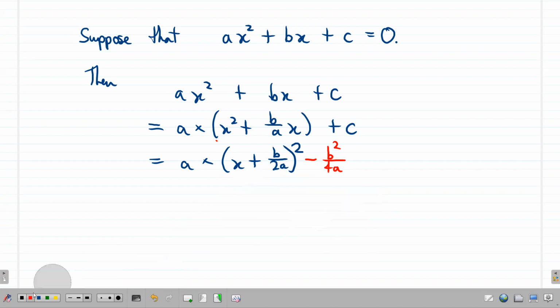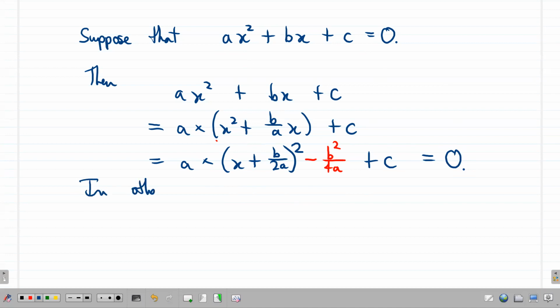Very important, please don't forget the plus c on the end of the equation. Now this is all equal to 0. So if I'm solving my quadratic equals 0, it's equivalent to solving this last equation down here, which is in a much nicer form, in my opinion. Let's rewrite it slightly.